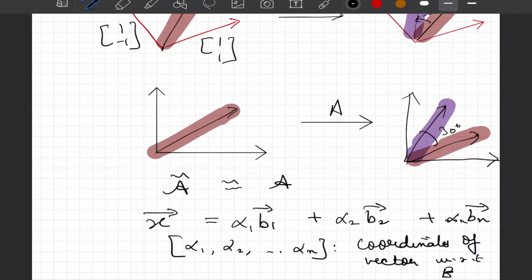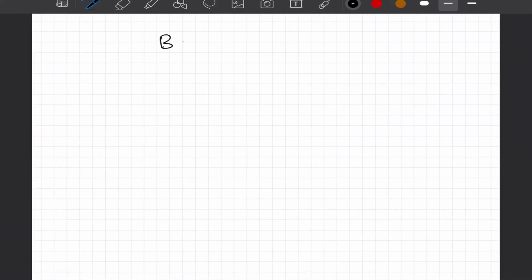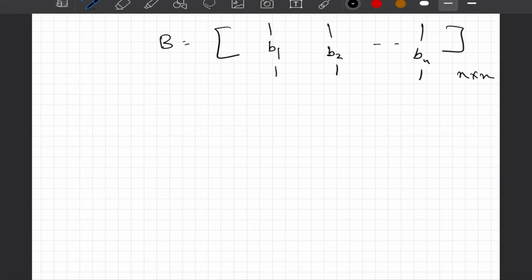Now, if we collect all these basis vectors in a new matrix, this would be b1, this would be b2, all the way till bn, and this would be of size n cross n, because there are n elements in each basis vector, and we need n such columns for a vector subspace of n dimensions.